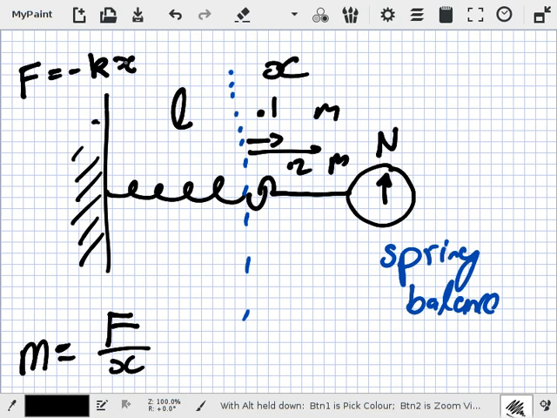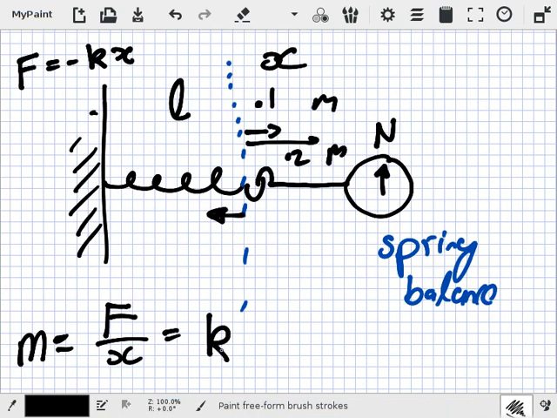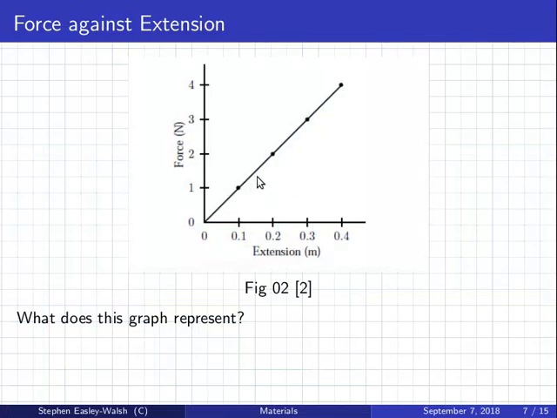F over x is k. Now we don't really need the minus because we know this force is actually to the left, so it really is negative. So actually this is the k. In other words, the slope of this graph represents the k. So if it's a stiff material, should the line be higher up or lower down?